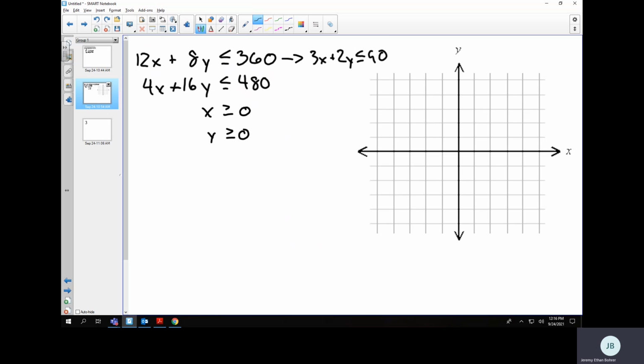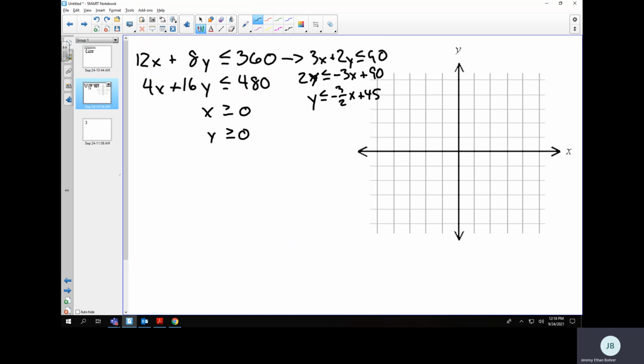Okay, so then I can subtract 3x from both sides. 2y is less than or equal to negative 3x plus 90, and then I can divide everything by 2. Y is less than or equal to negative 3/2 x plus 45.